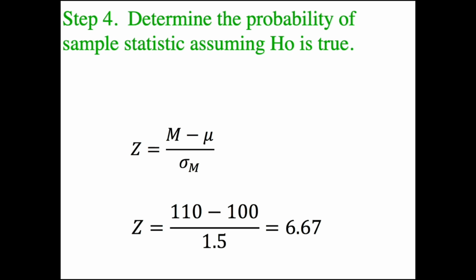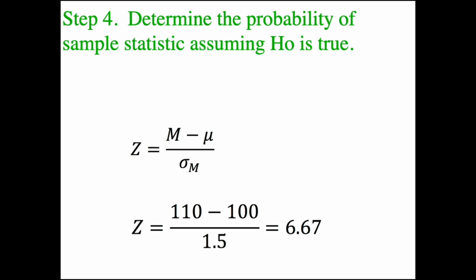Let's go ahead and take our sample mean, that's 110, and plug it into this formula. I'm going to take 110 as our sample mean, subtract from it the mean of the sampling distribution of the mean when the H0 is true, and divide by the standard deviation for this distribution of the means. That's 1.5, the thing that we calculated just a moment ago. So if I take 110, subtract 100 from it, and divide by 1.5, that gives me a z-score of 6.67.